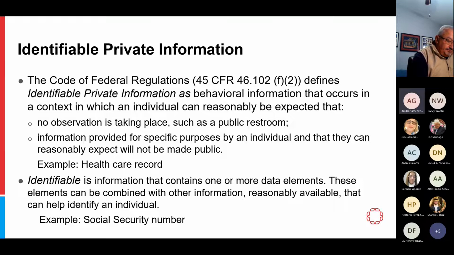That's identifiable information. Identifiable information is also defined as information that contains one or more data elements that, combined with other information reasonably available, could help to identify an individual.